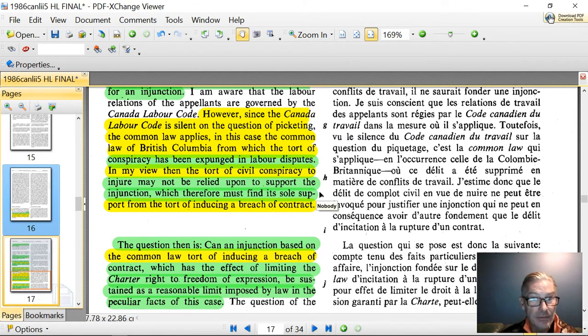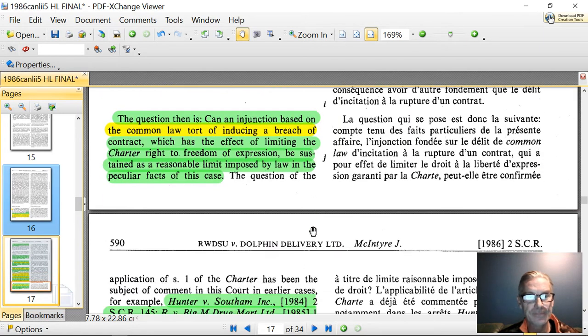However, since the Canada Labor Code is silent on the question of picketing, the common law applies. In this case, the common law of British Columbia, from which the tort of conspiracy has been expunged in labor disputes. In my view, then the tort of civil conspiracy to injure may not be relied upon to support the injunction, which therefore must find its sole support from the tort of inducing breach of contract.